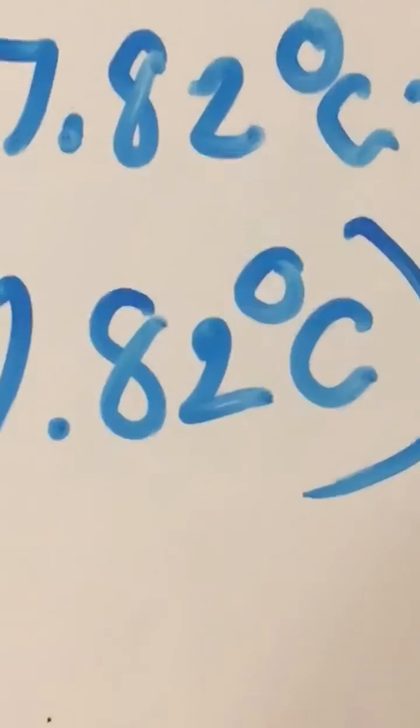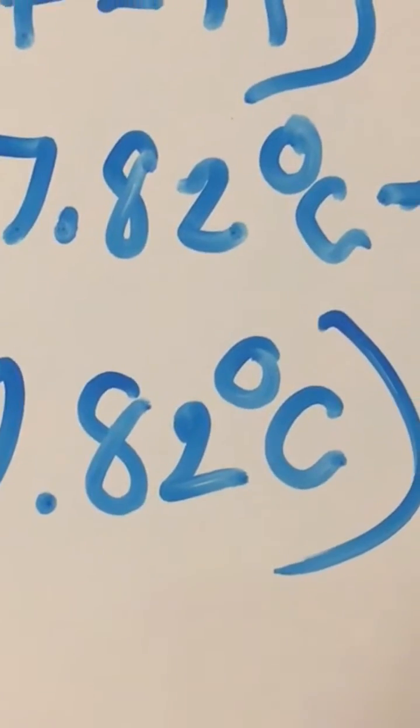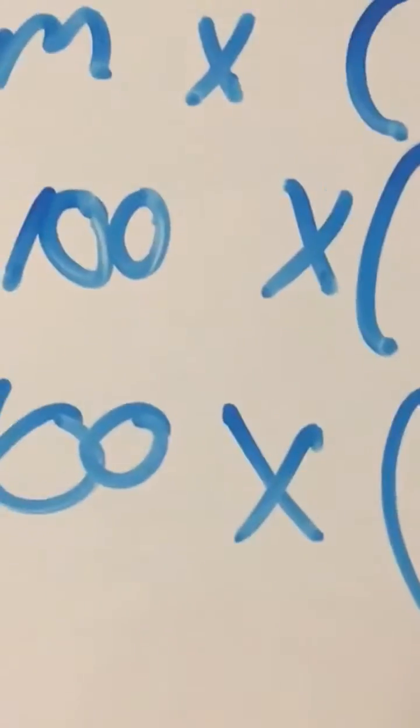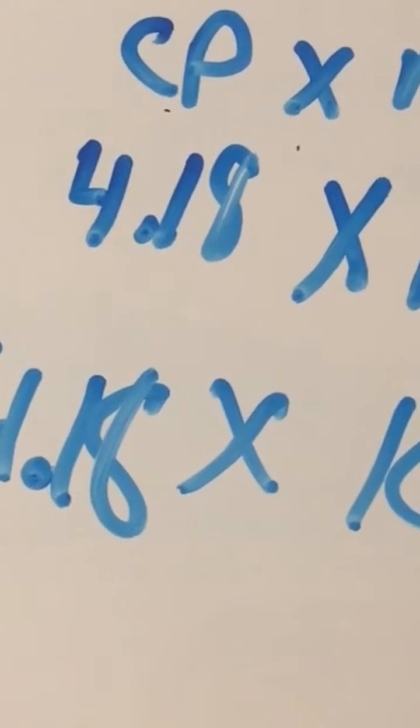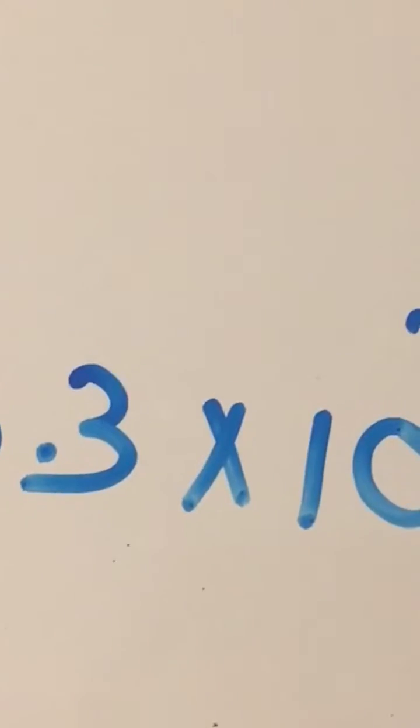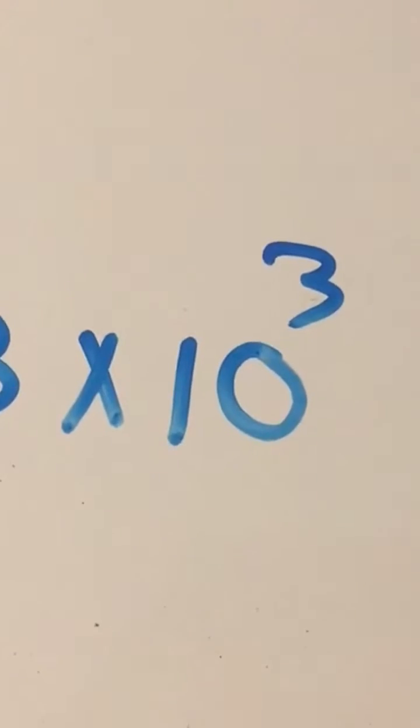Once we do our math, we get 7.82 degrees Celsius, and we'll times that by 100 grams times 4.18, and that will give us 3.3 times 10 to the third joules.